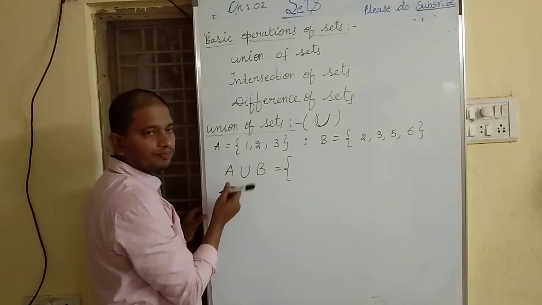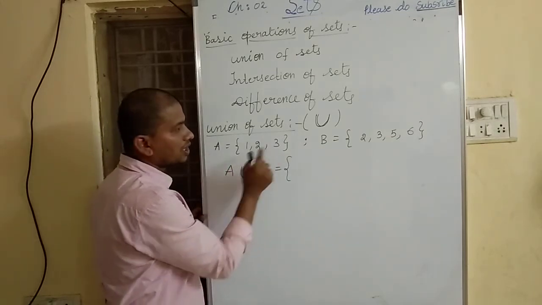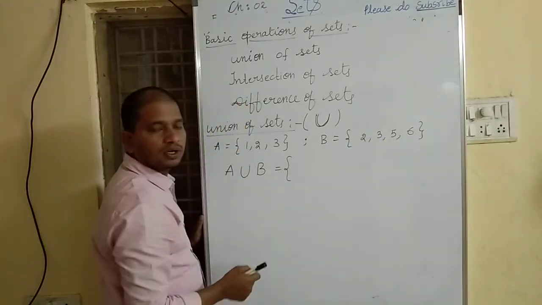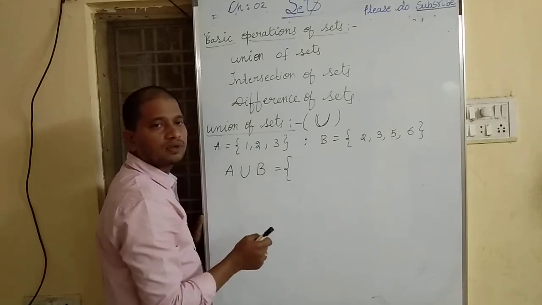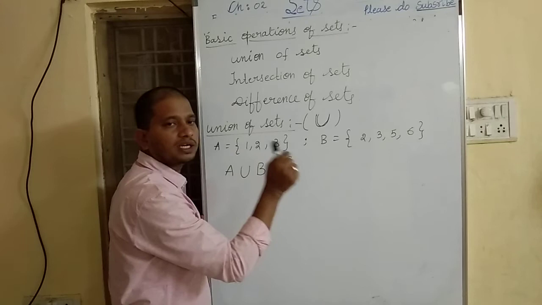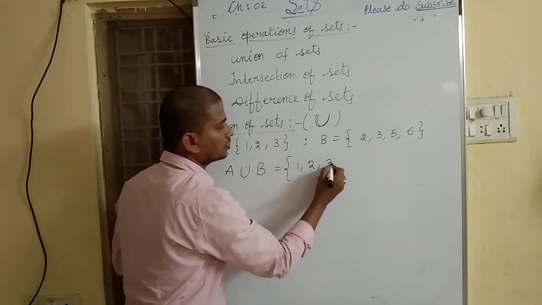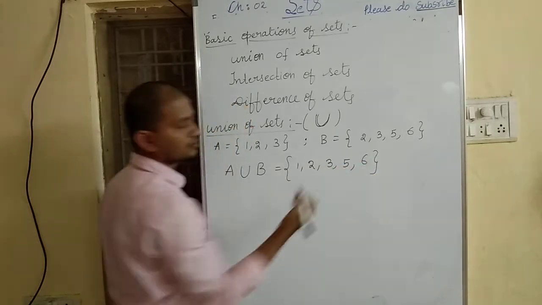I mean, see here, set A consists of 1, 2, 3. Set B consists of 2, 3, 5, 6. Union is nothing but we have to write all the elements which are there in set A and set B. So 1, 2, 3, 5, 6.